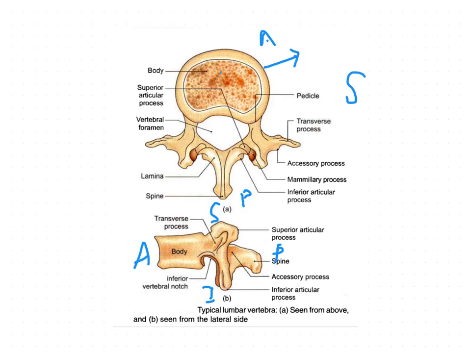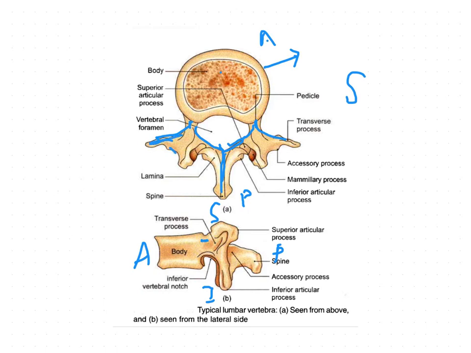Here in the upper portions you can see the pedicles, which give rise to the transverse processes, and the laminae forming the neural arch. These two laminae form the spine.